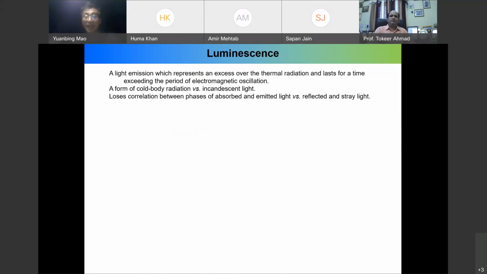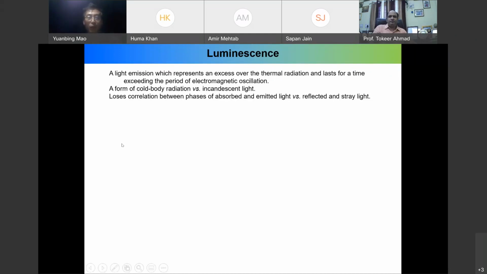It also lasts for a time exceeding the period of electromagnetic oscillation. So when the excitation stops, the luminescence could still exist, depending on the time scale. We will talk about that a little bit today and especially tomorrow.